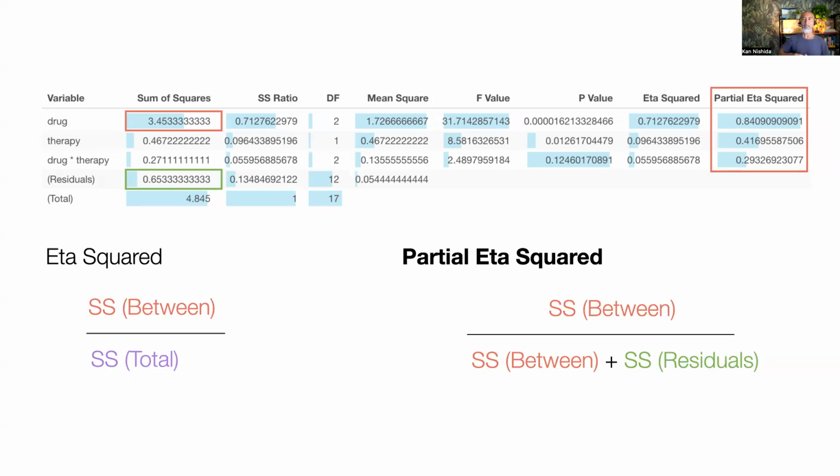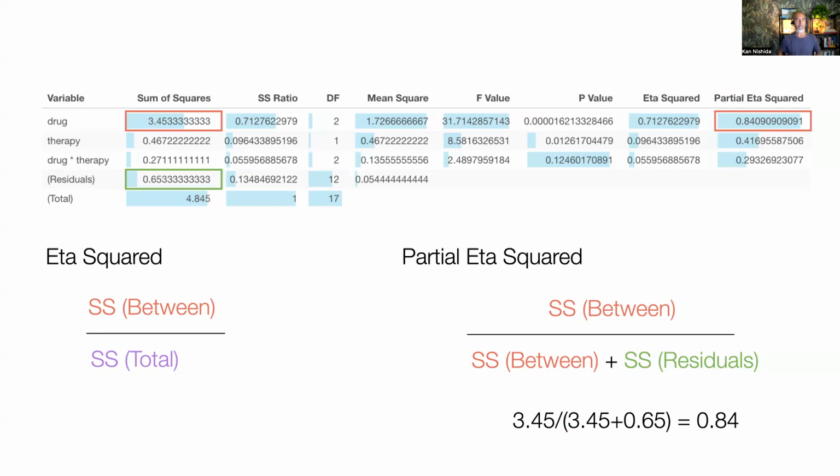So basically total minus the sum of squares of the second variable or interaction is the divider. Therefore partial eta squared tends to become larger than eta squared. The way to think about the effect size is how big this difference is against the unexplained variance. That's basically the thinking behind it.